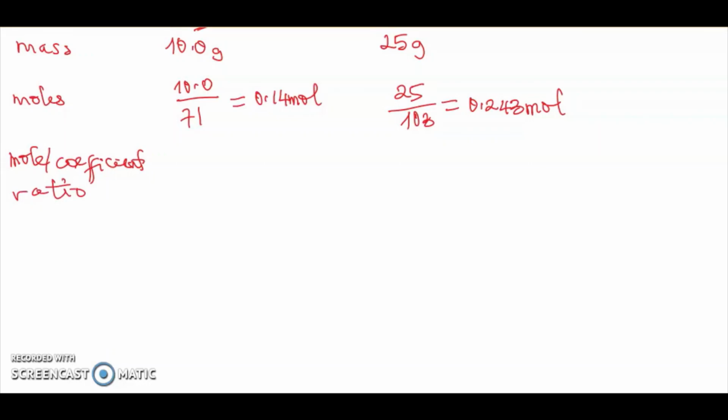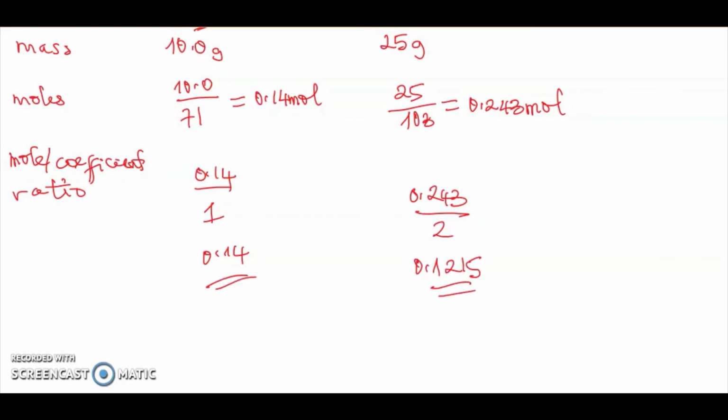Here we would have 0.14 divided by 1, that gives us 0.14, and over here we have 0.243 divided by 2, that gives us 0.1215. Now between these two values, which one is larger? We can see that 0.14 is greater than 0.1215.